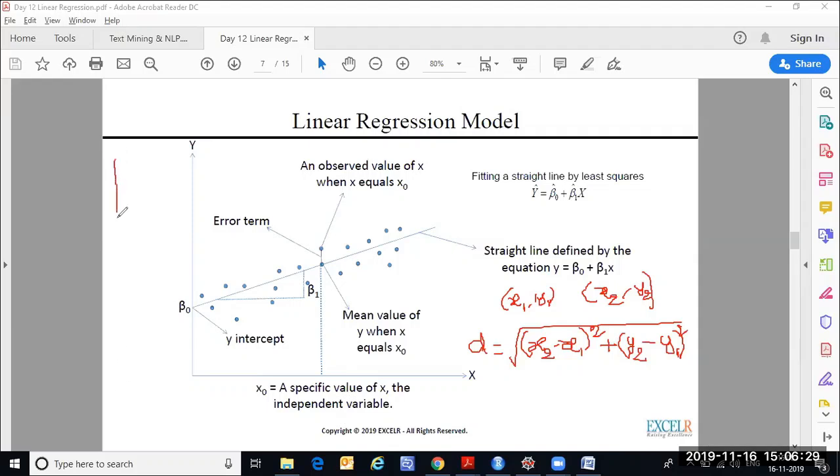Let us say this is x, say this is 1, 2, 3, and this is also 1, 2, 3.